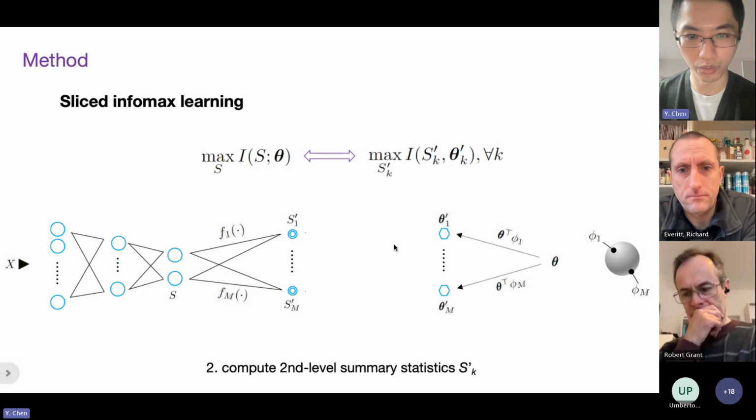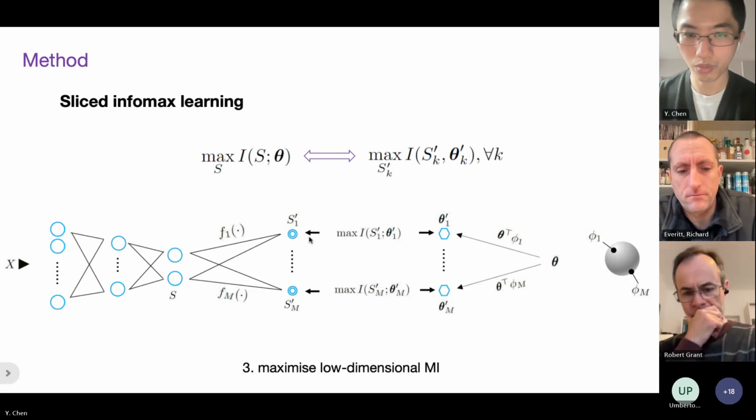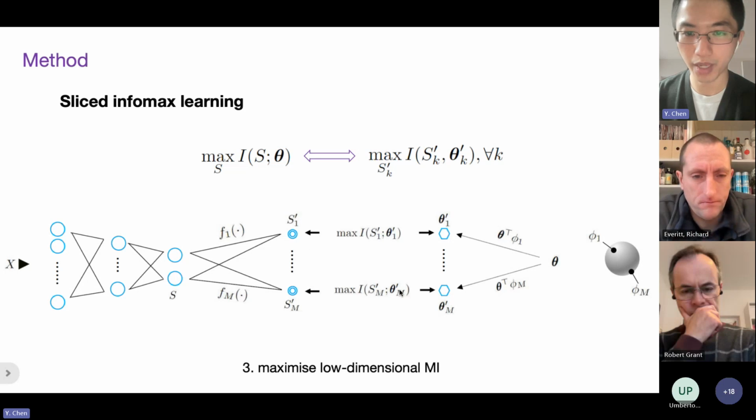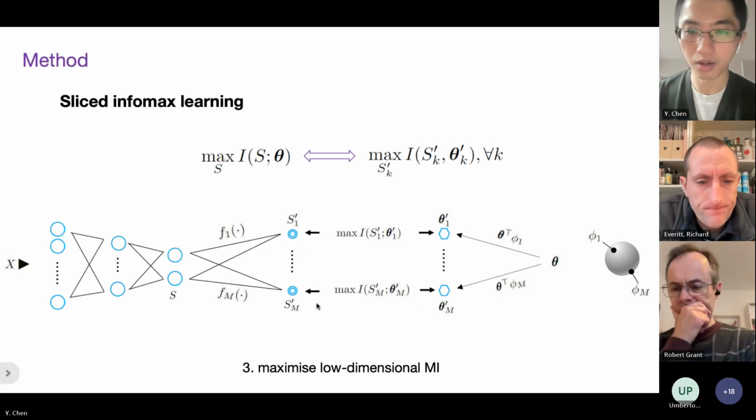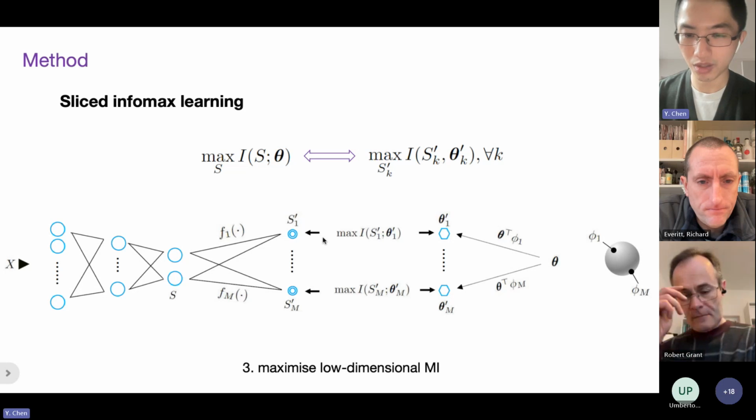The third thing we do is we maximize the mutual information between every pair of these low-dimensional random variables. This is all the secret in our method.